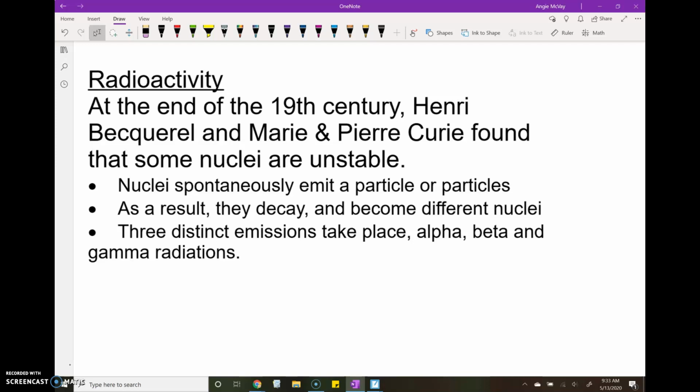They found that these nucleuses don't really stay stable. They spontaneously emit particles, and they can become different nuclei as a result. If you emit a proton or a neutron, maybe you'll turn into a different element. There are 3 distinct emissions, alpha, beta, and gamma, and I'm going to have you investigate a couple of these as your homework.